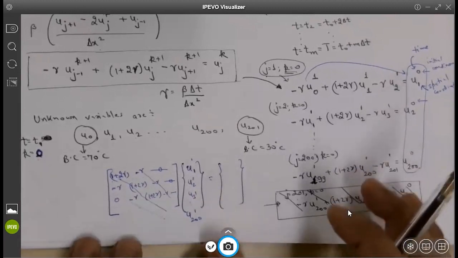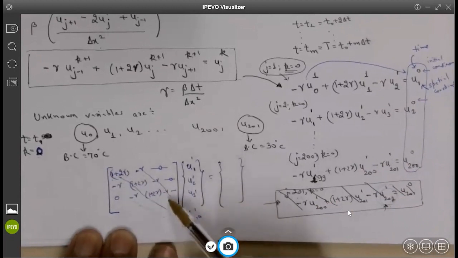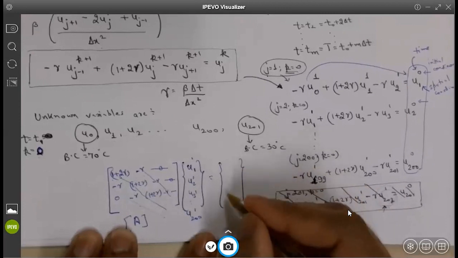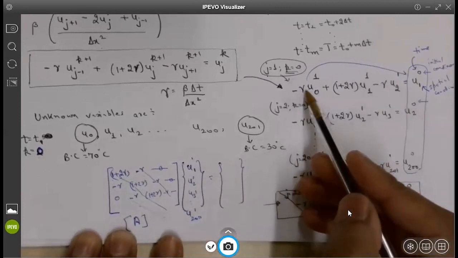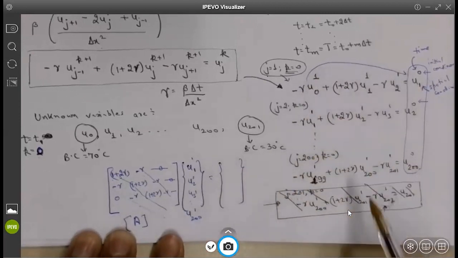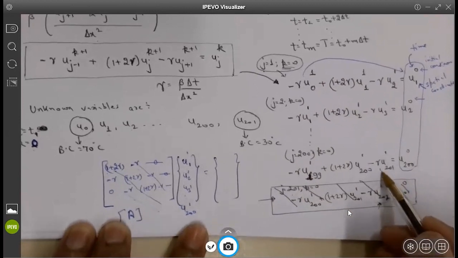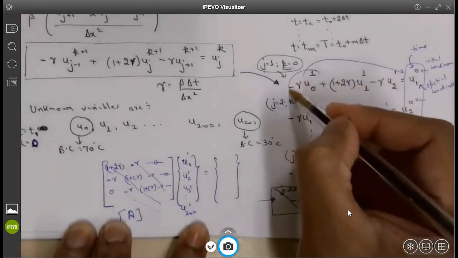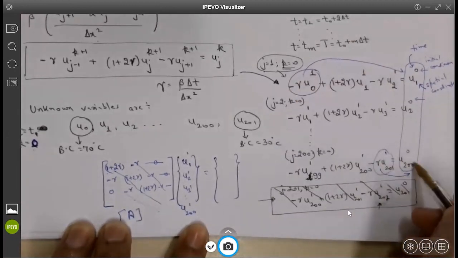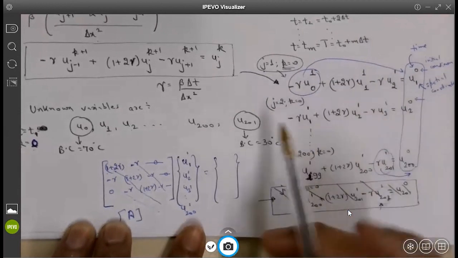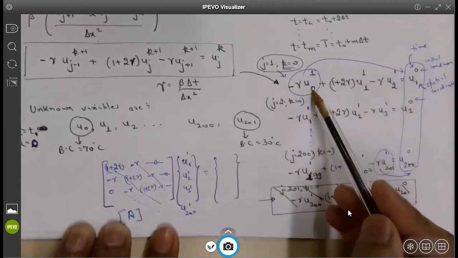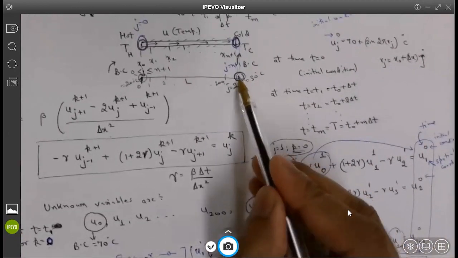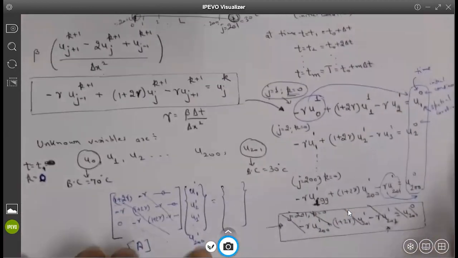What you will end up with is this matrix system, which will be your A matrix, the unknowns, and a known vector. The negative gamma times u0 will go here, and the negative gamma times u201 will end up on the right-hand side. Only these two terms go to the right-hand side, because u0 and u201 are part of the boundary conditions and remain the same at every time.